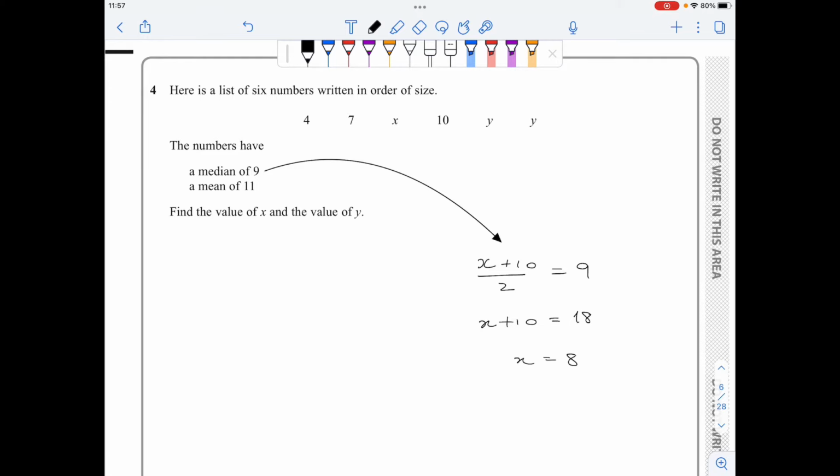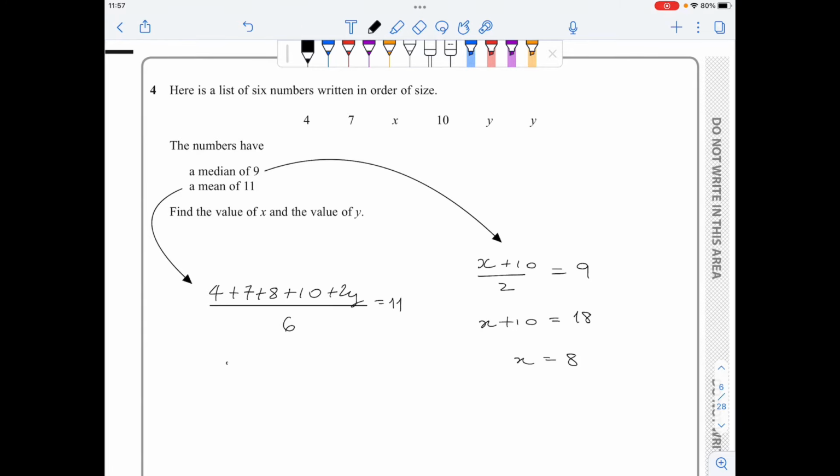Then I'll use the fact that the mean is 11. So if I add all 6 numbers and divide by 6, I will get 11. Let's use this. So 4 plus 7 plus X, which is 8, plus 10 plus 2Y, all divided by 6, is equal to 11.